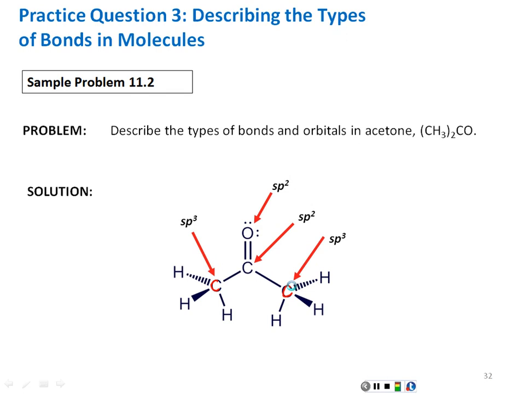So now if we wanted to draw the valence bond model of this, start with the center carbon. It's sp2 hybridized, so it has 3 equivalent sp2 orbitals.